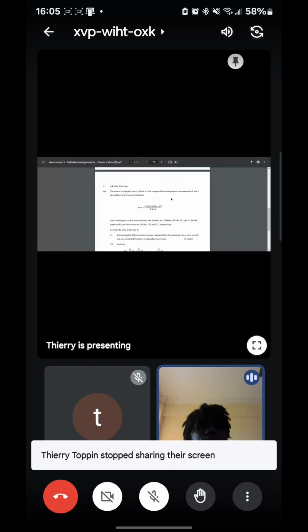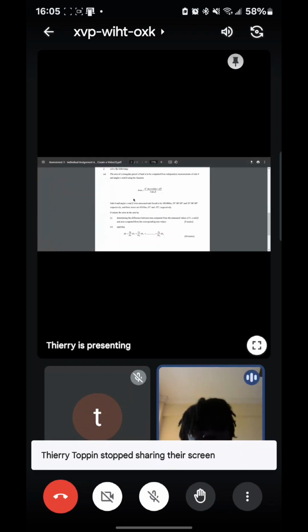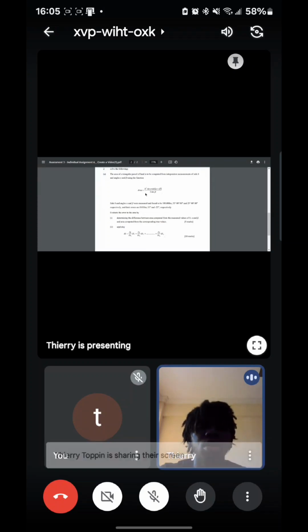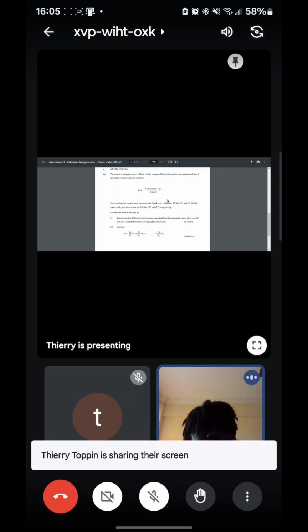Okay, moving on to question 2, where we're using error propagation to solve the area of a triangular parcel of land that is to be computed from independent measurements of side B, angles alpha and beta. The function area is equal to b squared sine alpha plus beta, all on 2 sine beta.